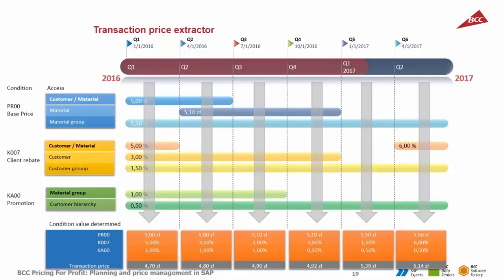the base price was determined at the level of 5 zloty. Next pricing condition, customer discount K007, was determined at the level of 5%. And the third condition, KA00, material group promotion, will also be determined with the value of 1%.